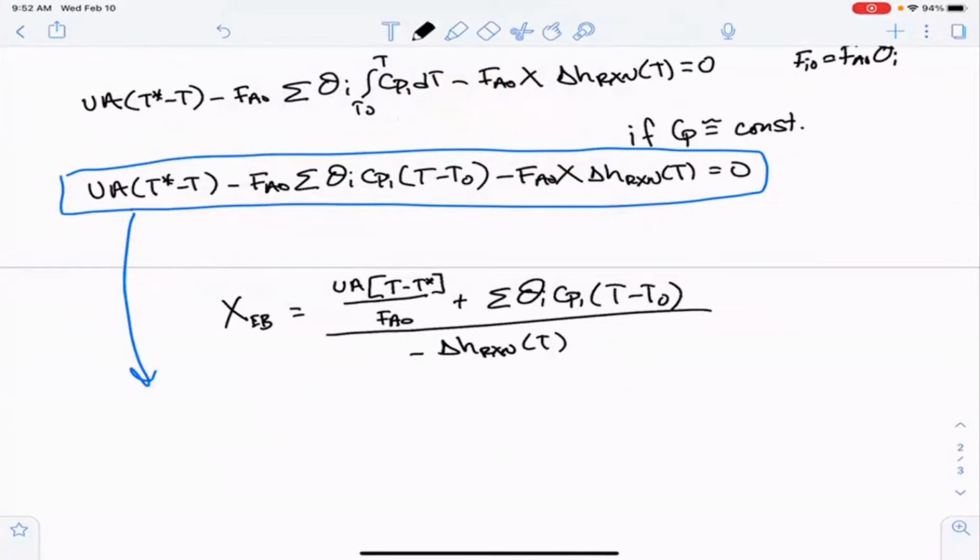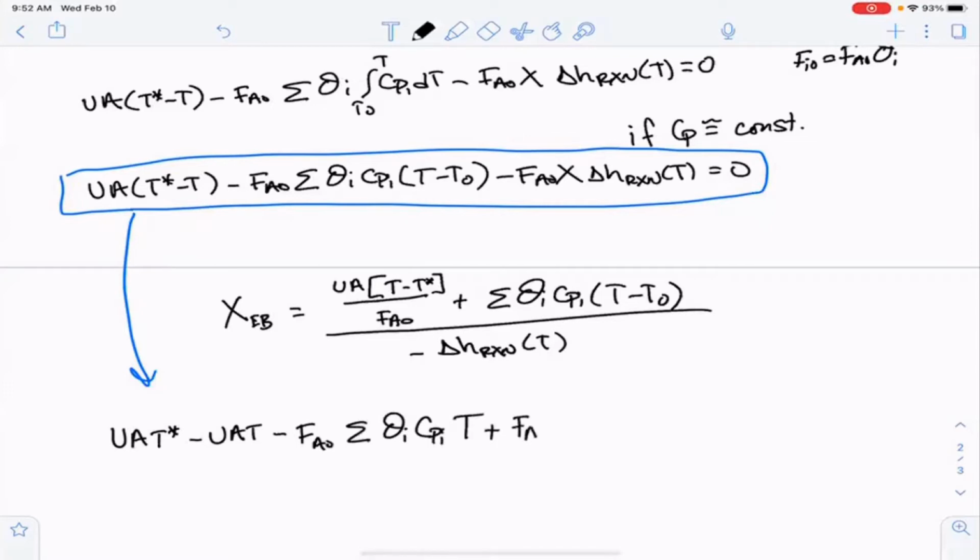It's a little bit of a pain, but we can do it relatively simply. This becomes UA times T star minus UA times T minus FA0 times the sum of theta_i Cp_i times T plus FA0 times the sum of theta_i Cp_i times T0 minus FA0 times X times delta H of reaction is equal to 0.